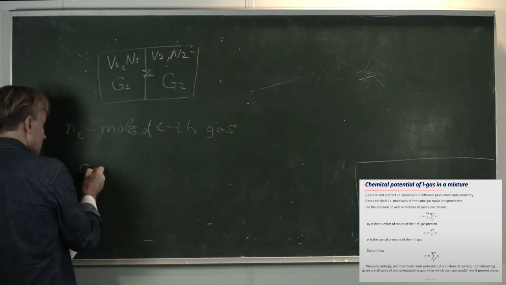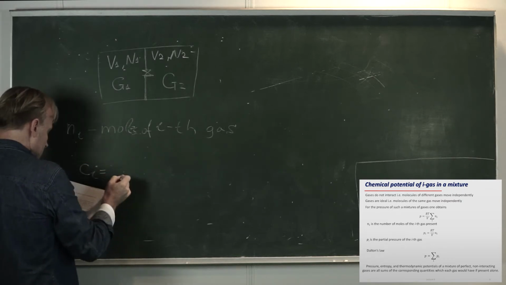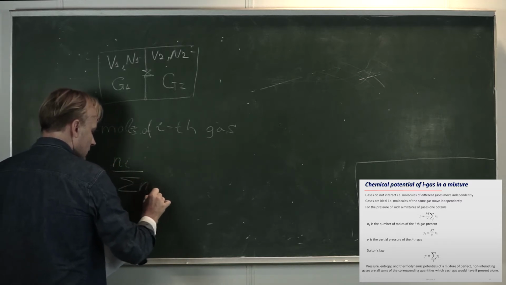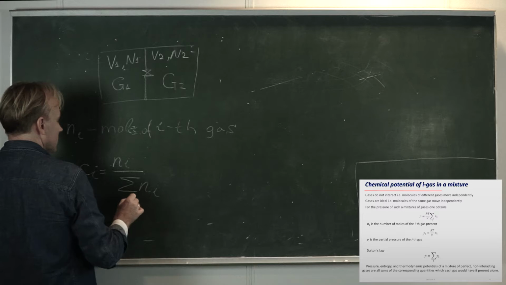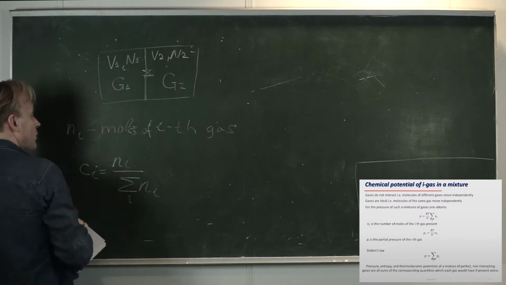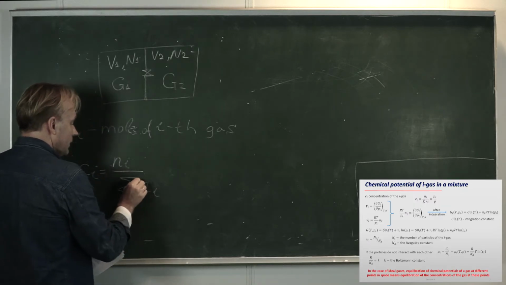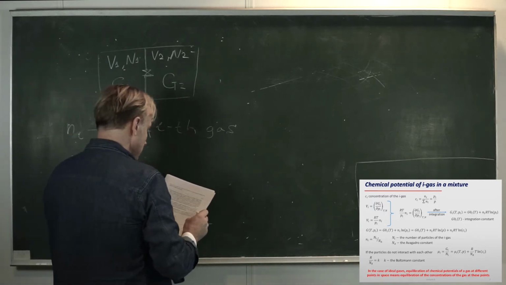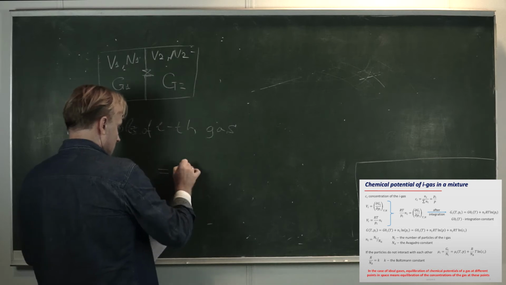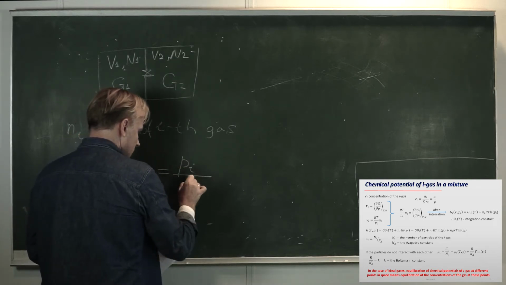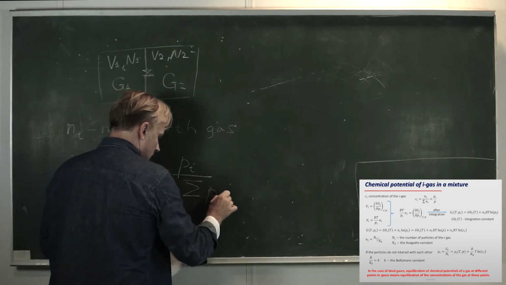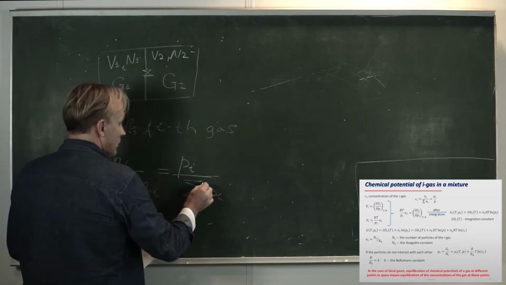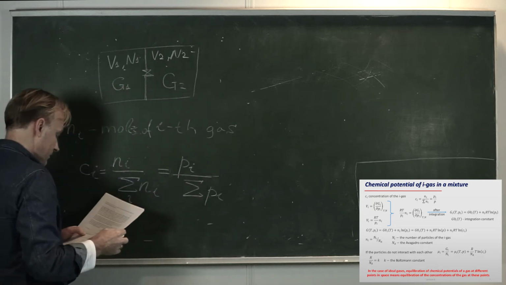Then we can introduce a quantity which will describe the concentration of this ith component of the ideal gas. It would be the number of moles of this gas divided by the total number of moles of the mixture of gases. You can also see that concentration can be expressed in terms of the ratio of pressures for the gases.